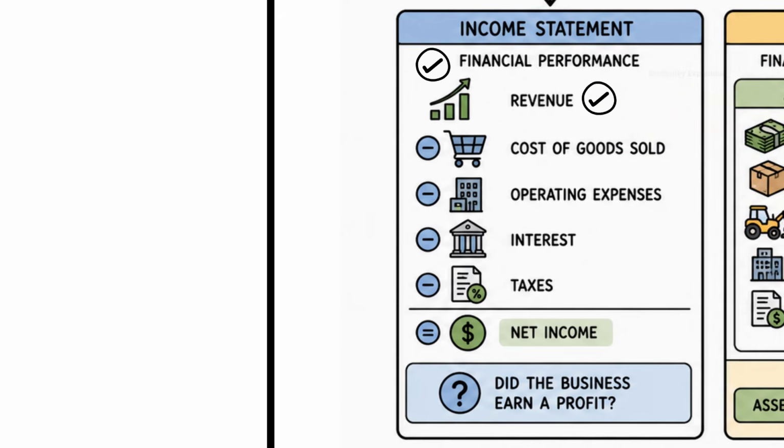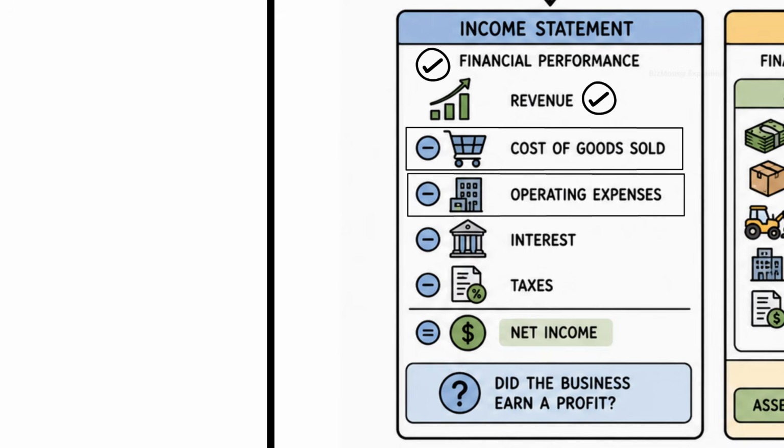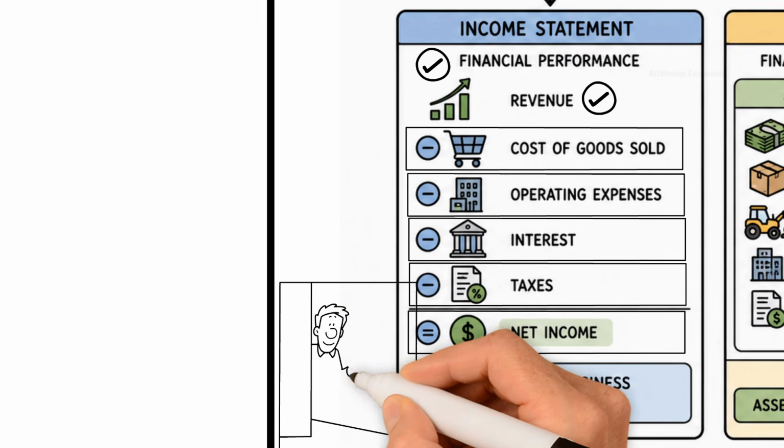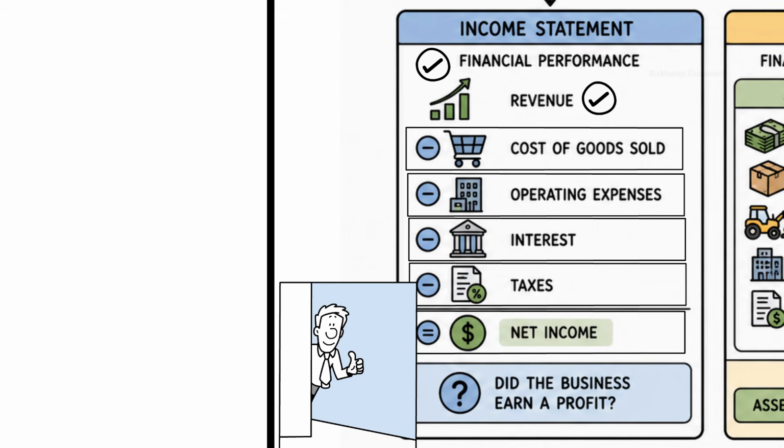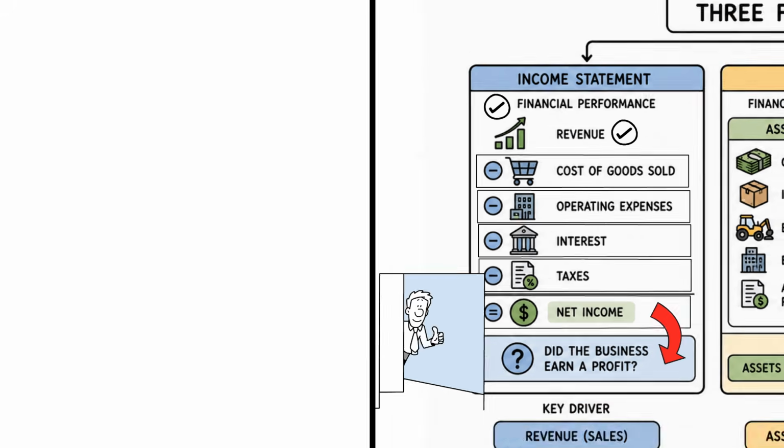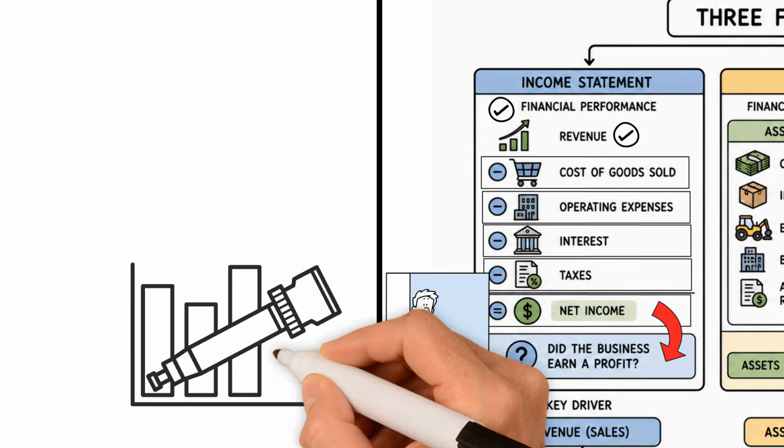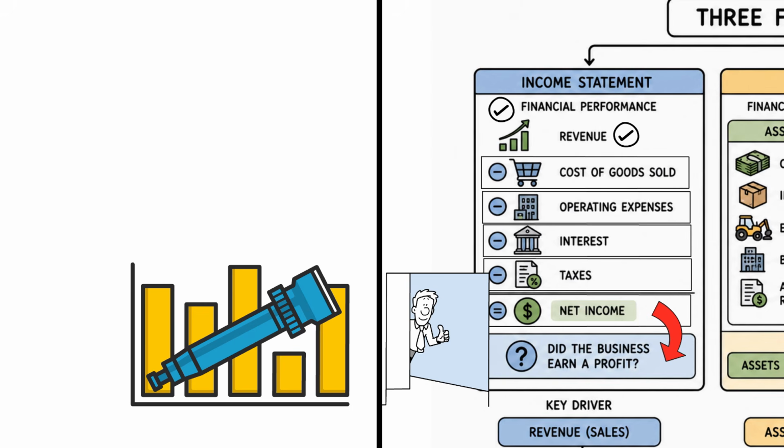It begins with revenue, subtracts the cost of producing goods or services, deducts operating expenses, interest, and taxes, and finally arrives at net income. In simple terms, the income statement answers one important question: did the business earn a profit during this period? Most financial forecasts begin with projecting future revenue because nearly every other calculation depends on expected sales.